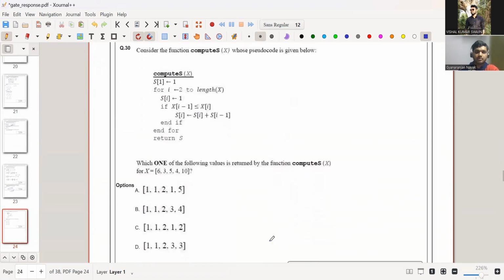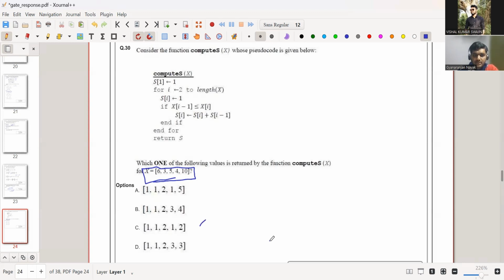So it is a Python program. Which one of the following values is returned by the function computeX if x value is 6, 3, 5, 4, 10?